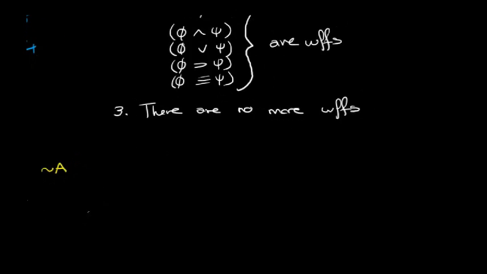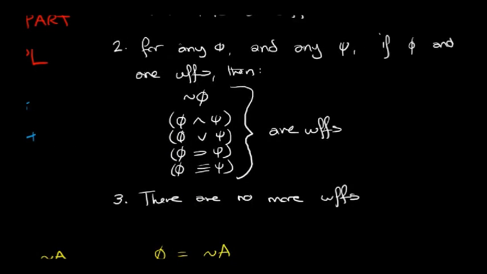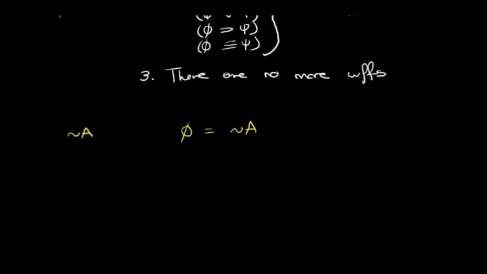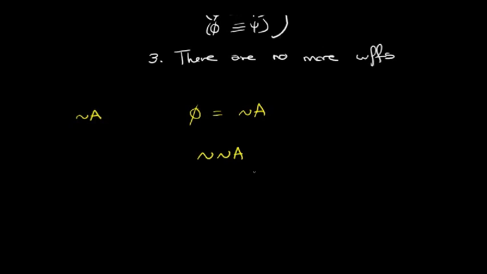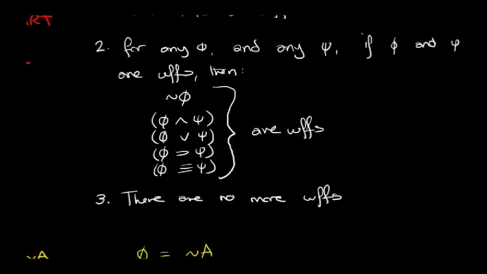But what this shows us is that not A is well-formed, and so phi could stand for not A. Right? We could say phi is not A, in which case, again by this rule, if phi is well-formed, then not phi is well-formed. Not not A would be a well-formed formula. And as that's a well-formed formula, we could add another negation, and again that would be a well-formed formula. And that's just being generated by these rules here.